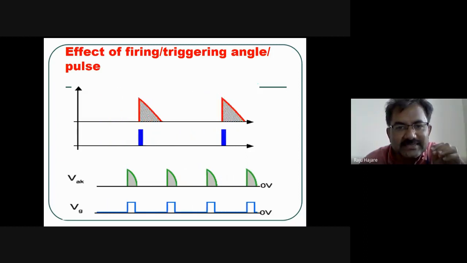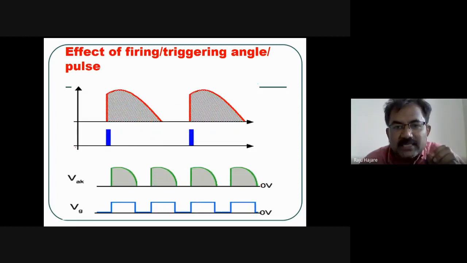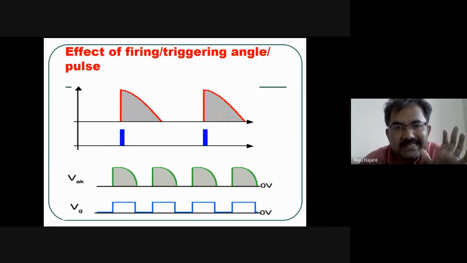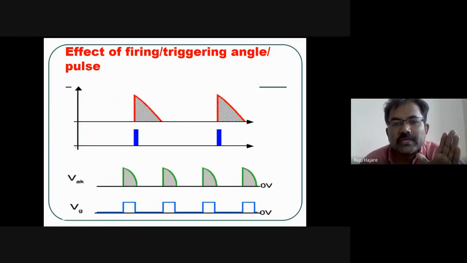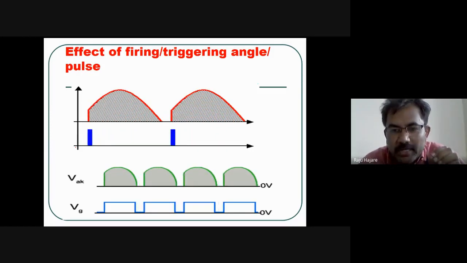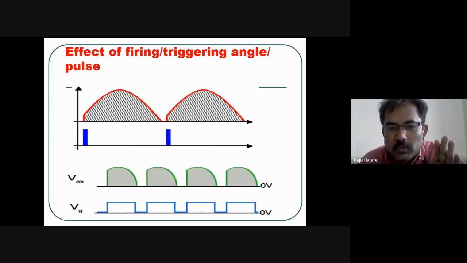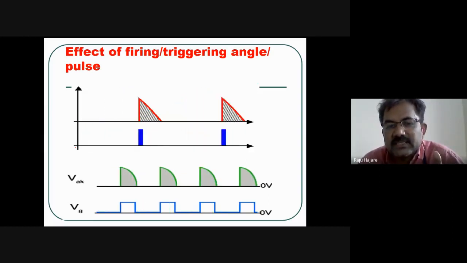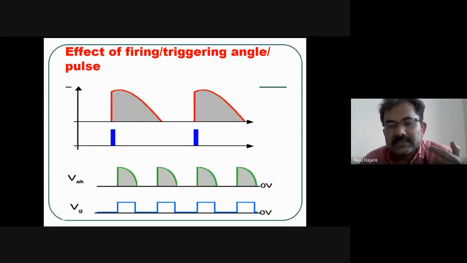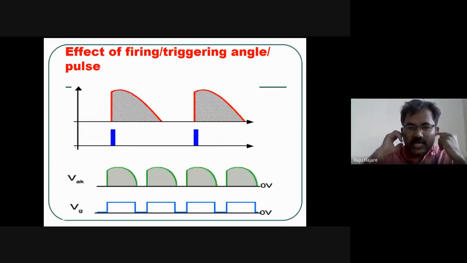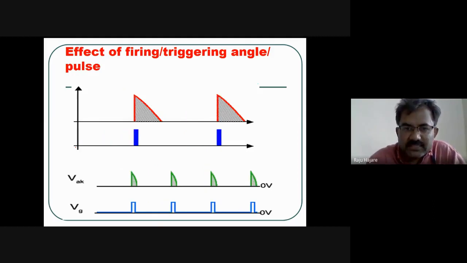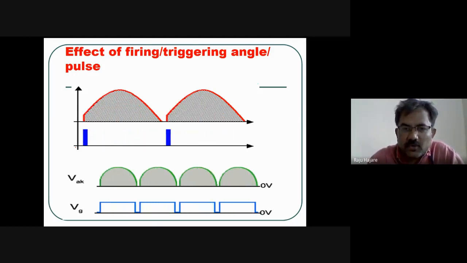You can see this, yes. So that is the effect of the gate pulse. With the gate pulse, the output can be varied. The point you observe here is that you can vary the output. Don't worry much, because I'll be discussing this again in the subsequent chapters in full, applying the trigger pulse and the waveform variation.